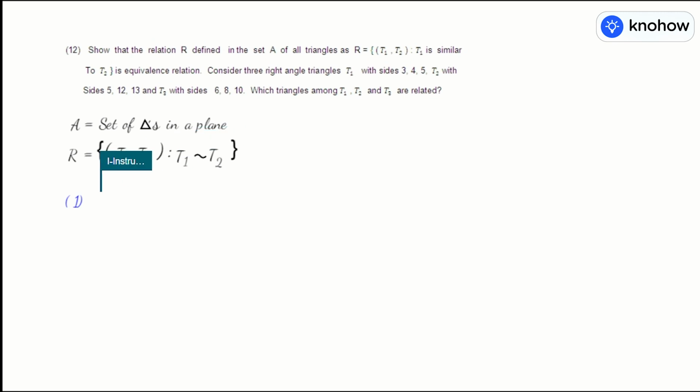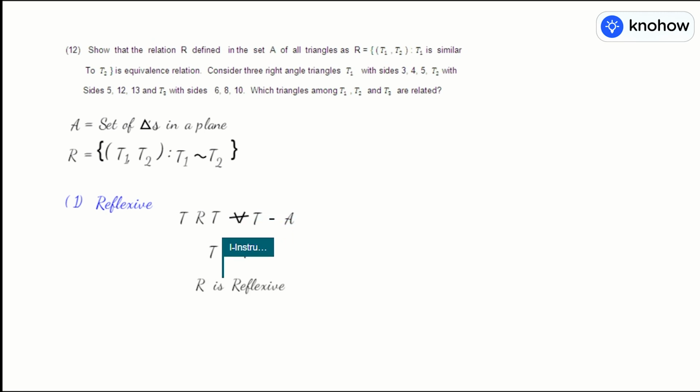It is a simple question. Of course, every triangle is related to itself, for all triangles T belonging to this set of triangles. Why? Because every triangle is similar to itself. Given a triangle, at least the triangle is similar to itself. So yes, the relation is reflexive.